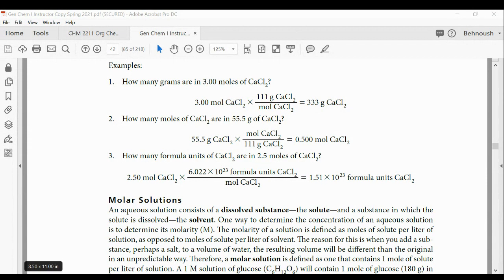Atoms, number of particles. Yes, number of particles divided by Avogadro's number, that would give you number of moles of the atom, right?